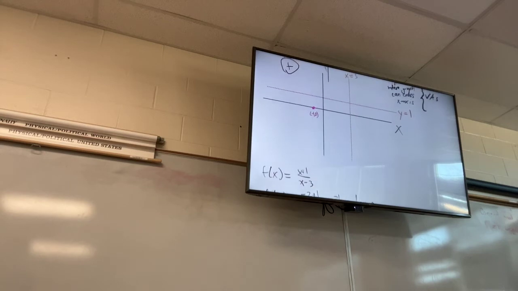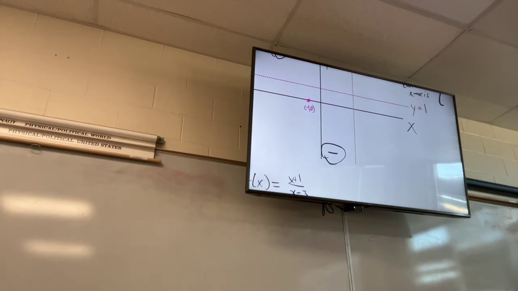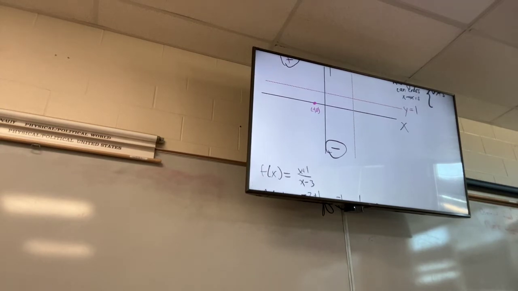So that one's negative. So we know between the pink point and the orange dotted line, my graph is going to be below the x-axis. So it's going to be like this.